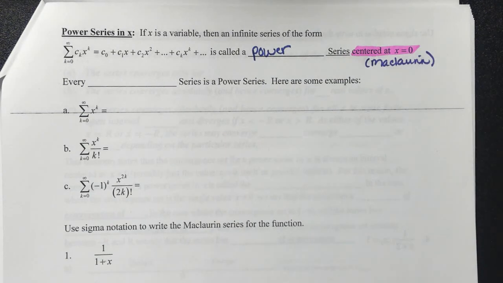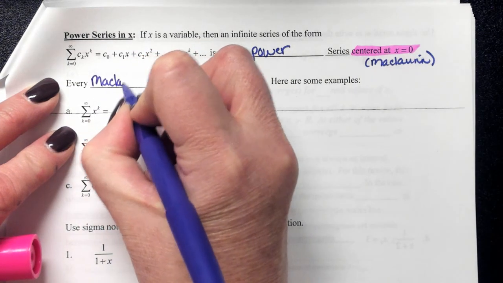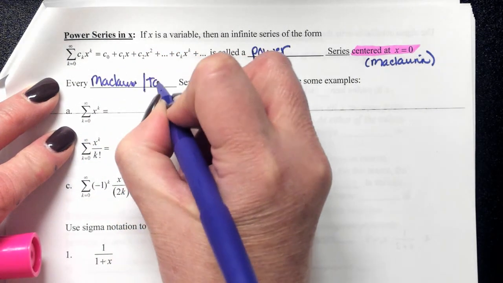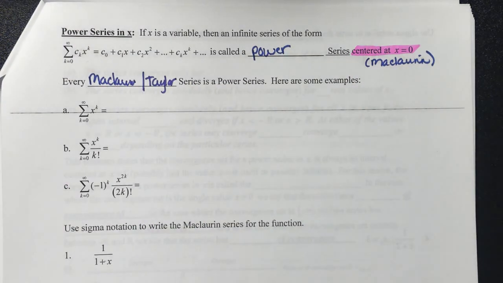Taylor is also considered a power series, and we'll talk more about the Taylor power series later. So every Maclaurin and Taylor series is a power series. Again, the power series is just the sum where you've got your variable x raised to a power. That's why it's called a power series.